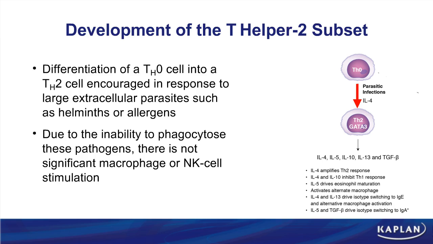Now, why is it that I go down a completely different pathway here? Well, the answer is pretty straightforward: with a majority of parasitic infections, the pathogen is so large that it cannot be phagocytosed.